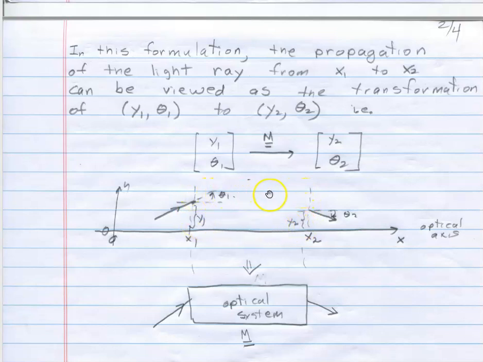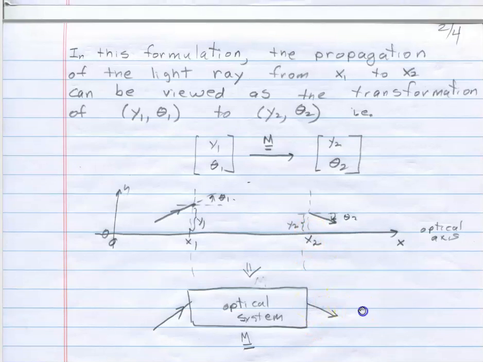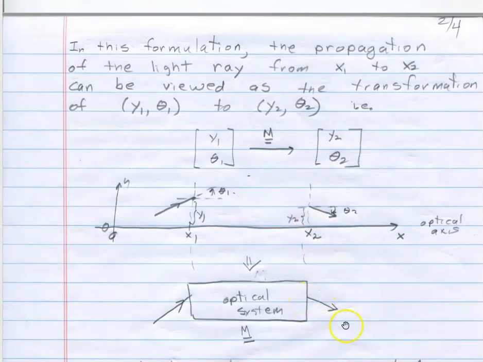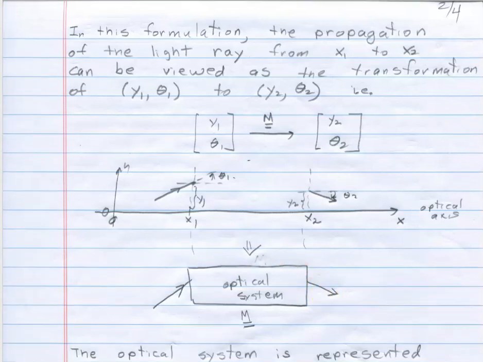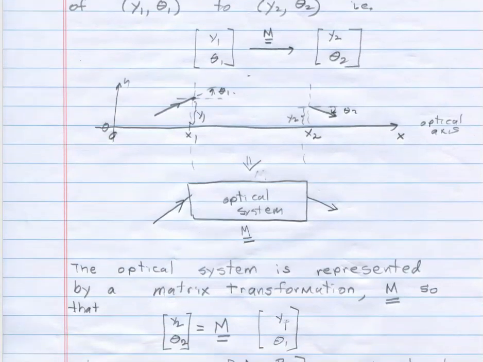There could be lots of instruments there. It's an optical system that is more or less like a black box. All we need to know is how it's characterized by this matrix M, and how it maps an entry ray at x1 into an exit ray on the other end of the optical system.